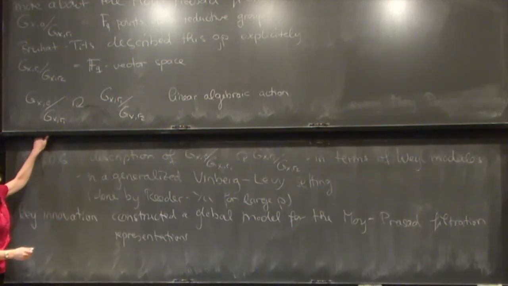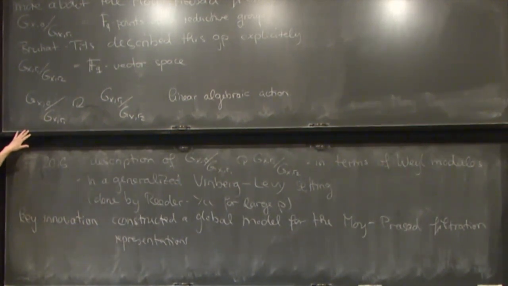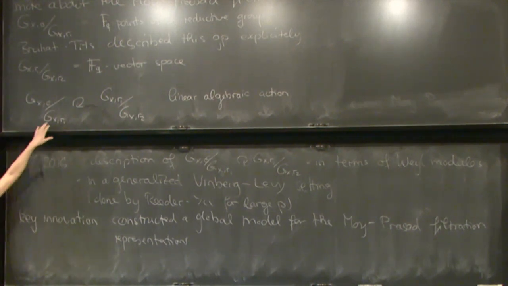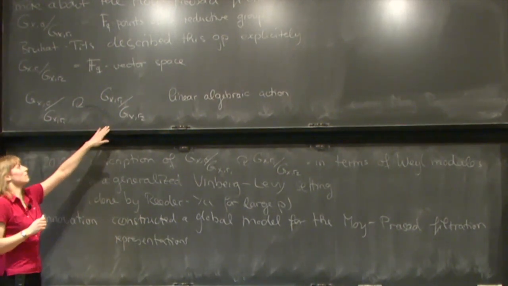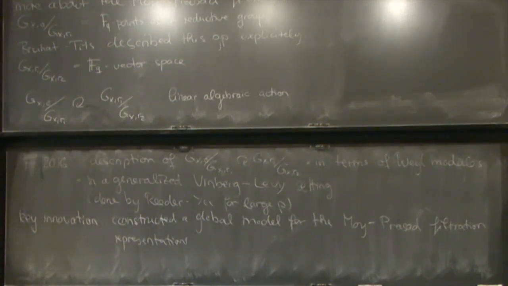So basically I provided a group scheme over the integers with some primes inverted, acting on some free Z-module, such that if you base change to the prime you're interested in, you get the Moy-Prasad filtration that you're looking for.